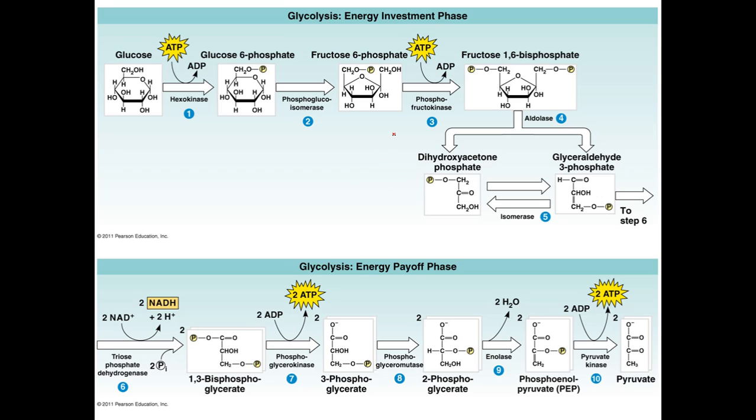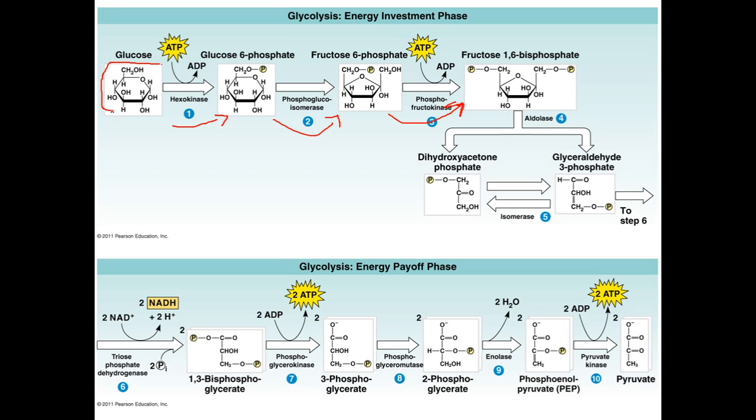However, what you should understand is that each step on here, they could on a test ask you to take a look at a diagram like this and then discern something about it, like how is ATP used or where's the energy investment phase. So what you're really looking for here is just trying to figure out what the diagram is showing.